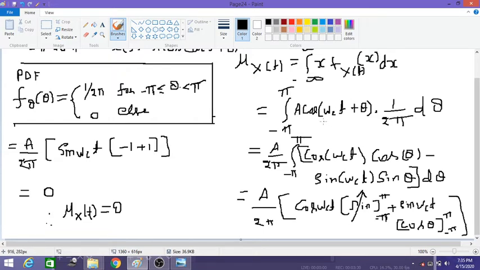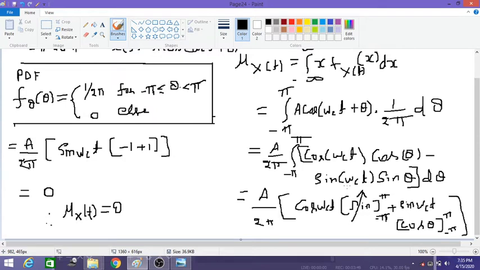Now we are going to apply the cos a plus b formula here. That is cos a into cos b minus sin a into sin b. Then we are going to integrate this, so the cos term will remain the same, and here we get sin.